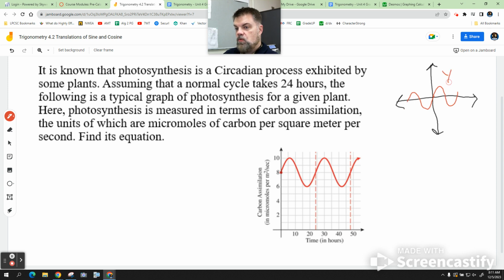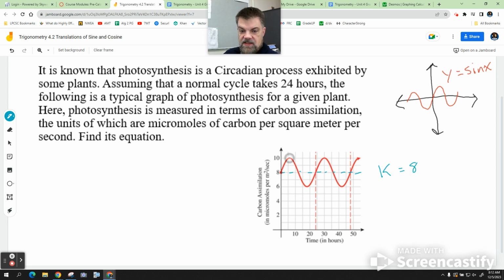So that's like y equals sine of x, right? So then what I need to do is come up here and kind of dissect this. So right here, the middle of this thing is 8. You know what that tells me? That k equals 8.